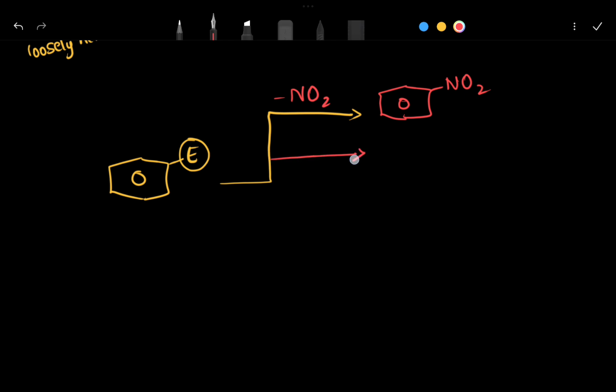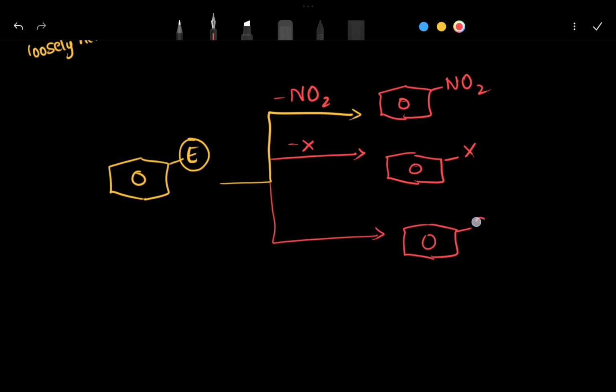But if I do halogenation, this electrophile will be nothing but the halogen here. So hydrogen will be replaced by halogen. Now if I do sulfonation, then hydrogen will be replaced by the SO3H group. If I do Friedel-Crafts alkylation, then hydrogen will be replaced by an alkyl group.